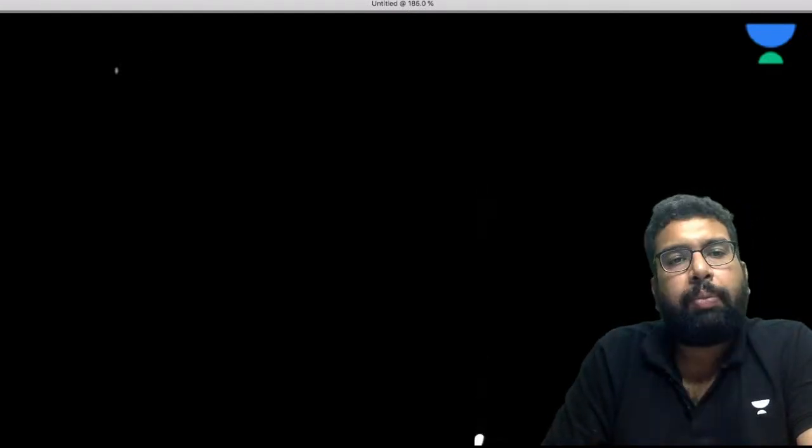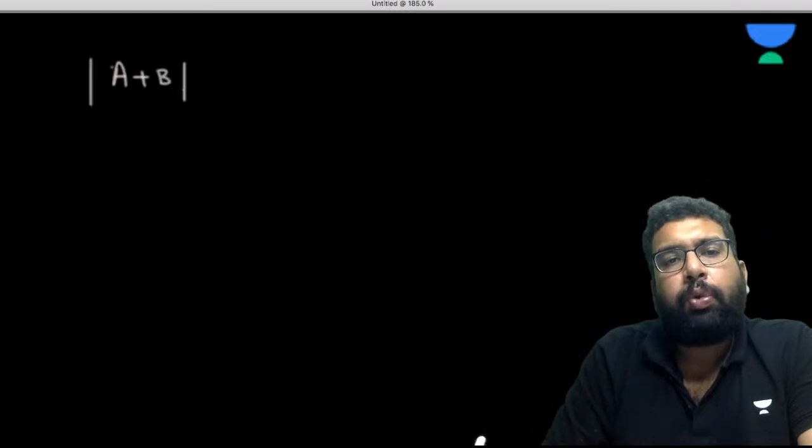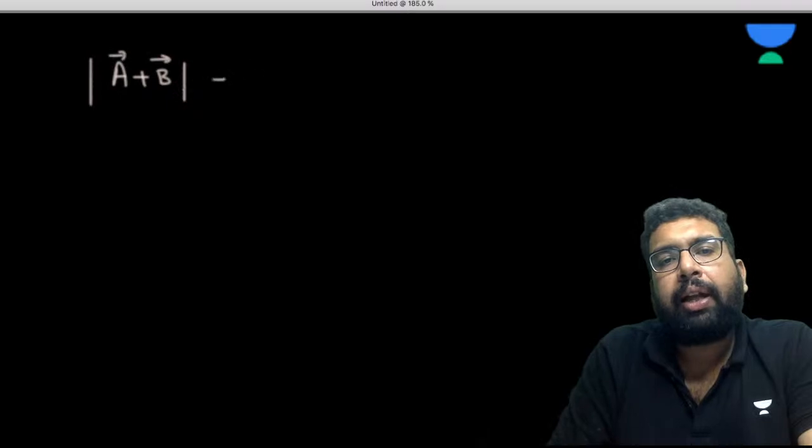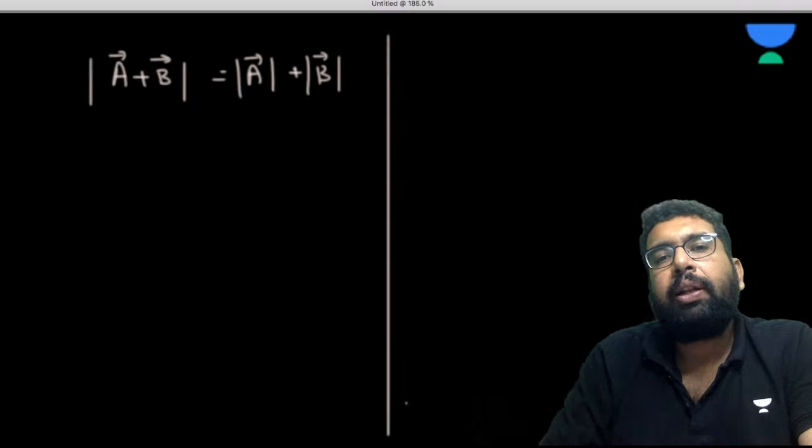In the last session I also spoke about it, but I want to give you one more view of it. If the magnitude of vector a plus b is written like this, what is the angle between a and b?